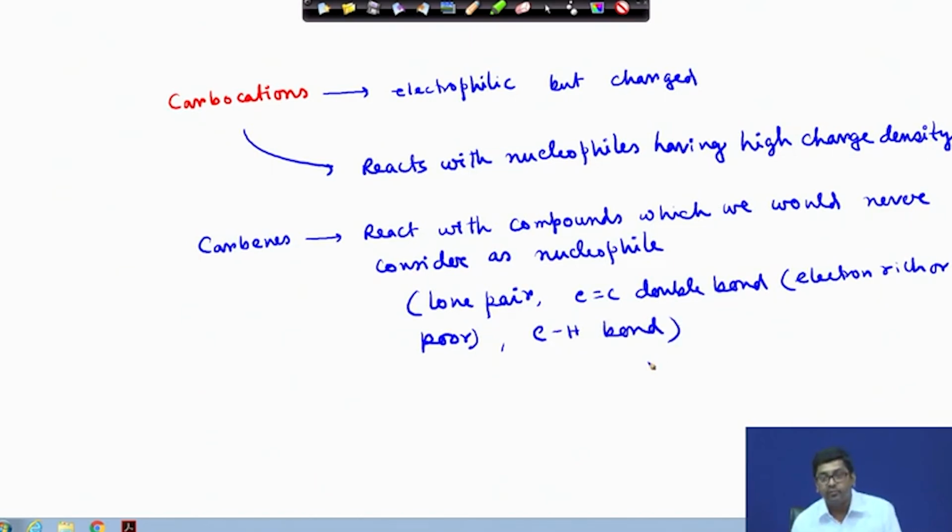So, various types of reactions can occur.